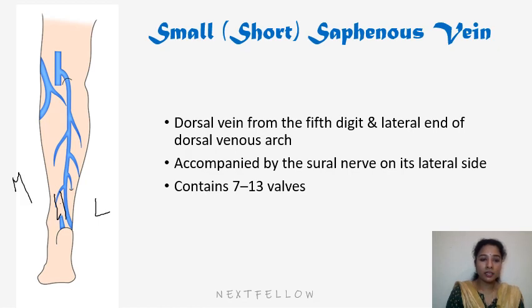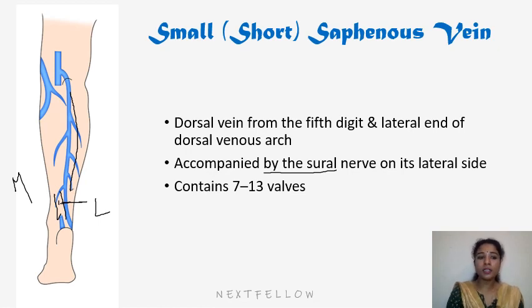It is accompanied by a nerve called the sural nerve on its lateral aspect, and it keeps ascending in the middle of the back of the leg. It pierces the deep fascia, ascends a little further and reaches the middle of the popliteal fossa to open into the popliteal vein.